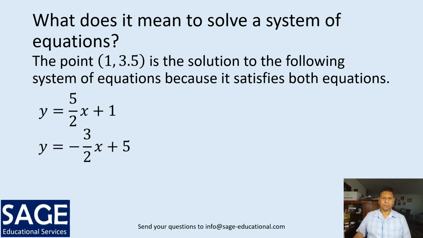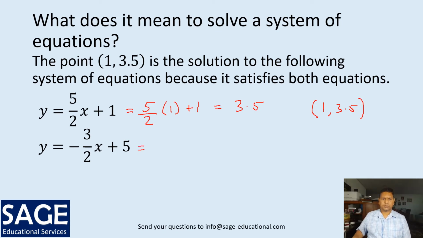So let's try that point in the first equation. If I replace x by 1 in the first equation and start solving it, what I find is that y comes out to be equal to 3.5. So we have that point (1, 3.5), and we know that that point belongs to the line represented by the first equation.